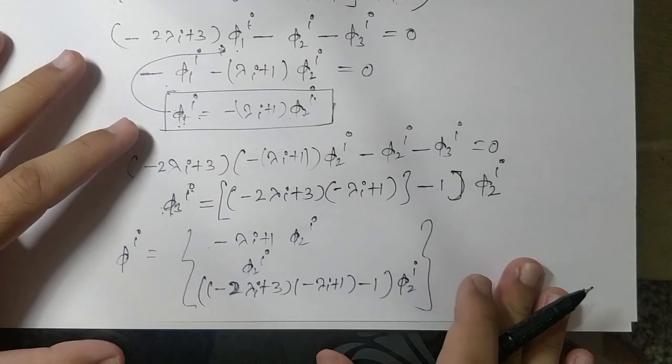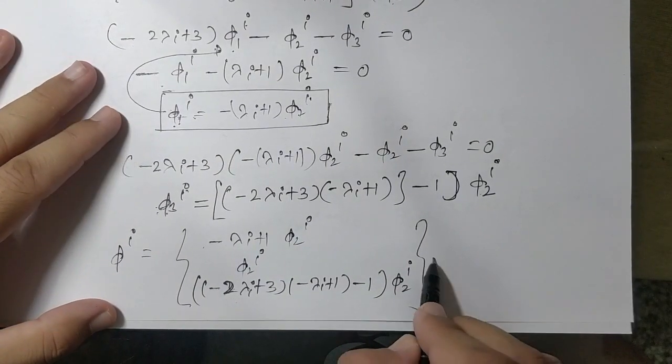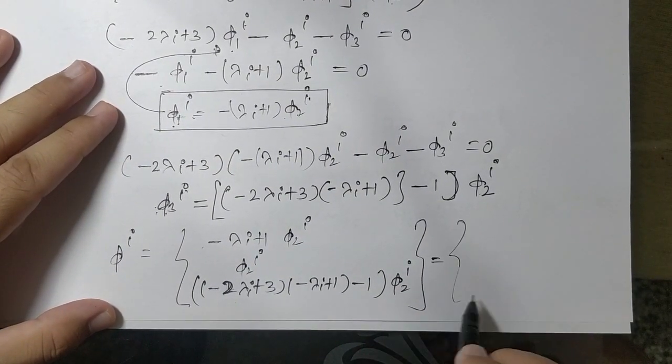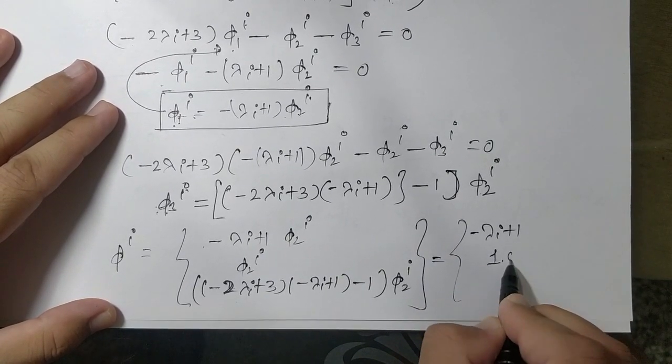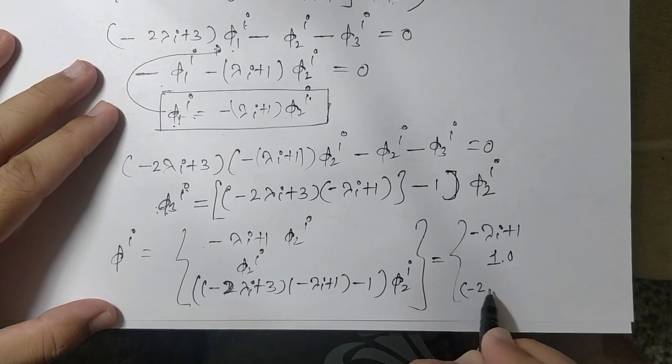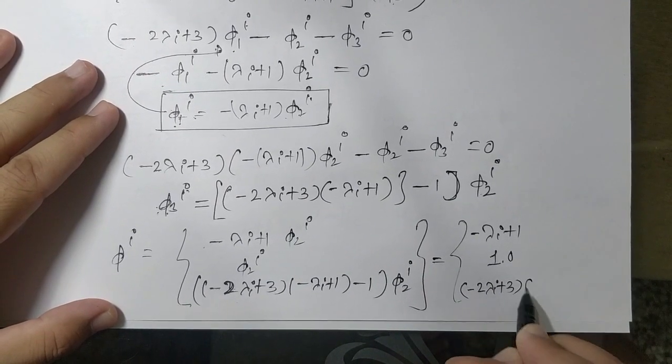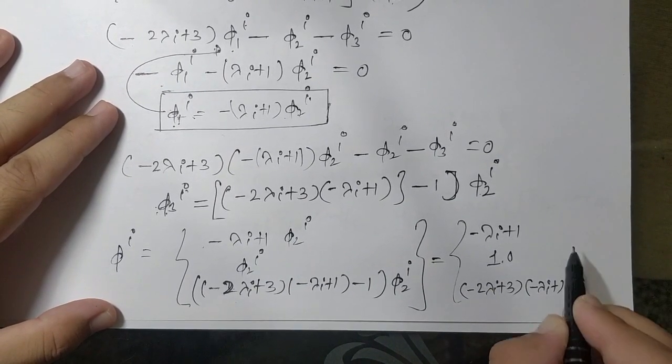Now we can take phi 2i as common. So this becomes minus lambda i plus 1, 1, and minus 2 lambda i plus 3 times minus lambda i plus 1, minus 1.